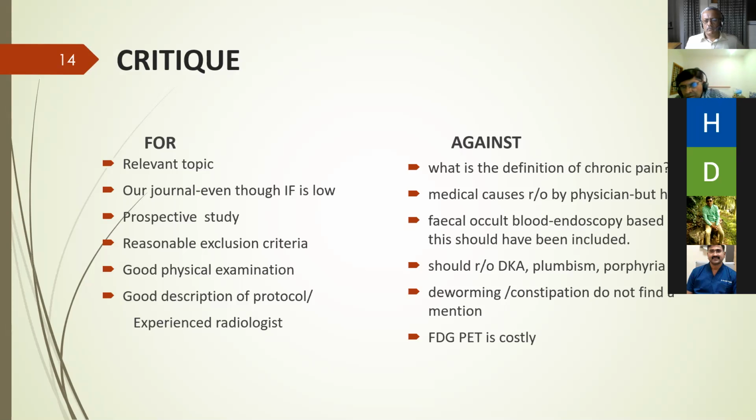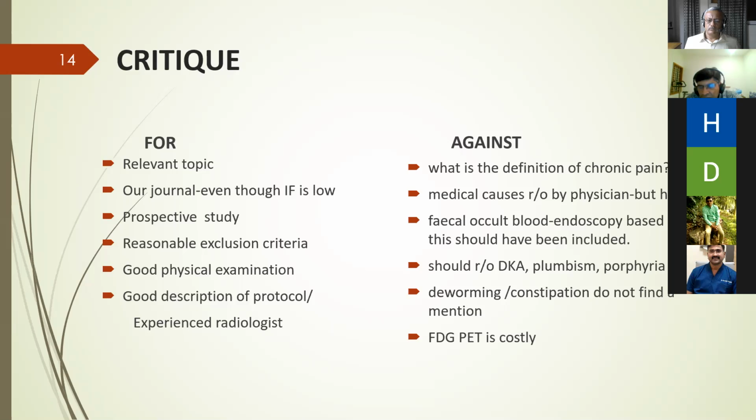The points against this study are that they do not mention anything about the definition of chronic pain, and the medical causes that were ruled out by the physician, how they were ruled out, is not mentioned. They also do not mention fecal occult blood and endoscopy, which should have been included.